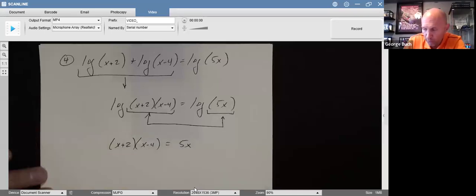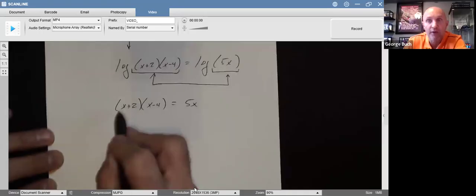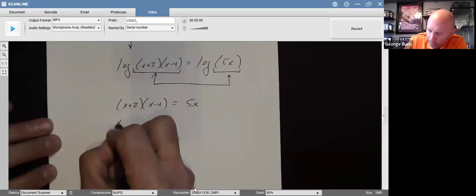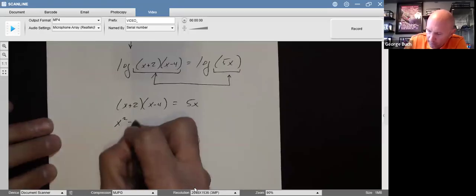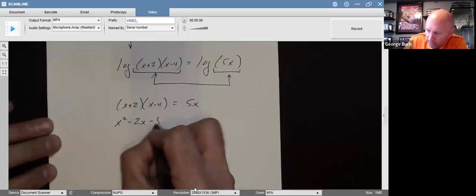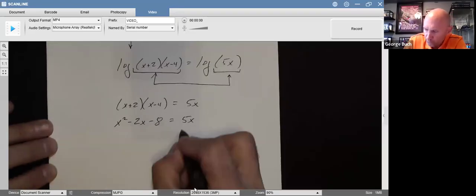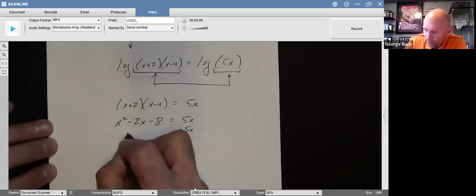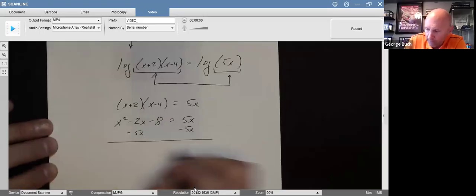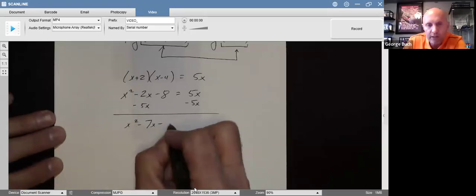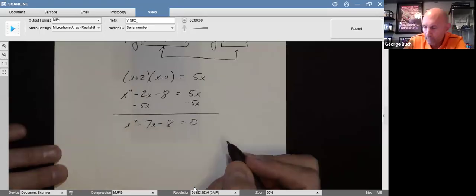But now I have to FOIL this and I need to combine everything and then factor again. So I get what? X squared minus 2x minus 8 is equal to 5x. So subtract 5x from both sides. I get x squared minus 7x minus 8 is equal to 0.